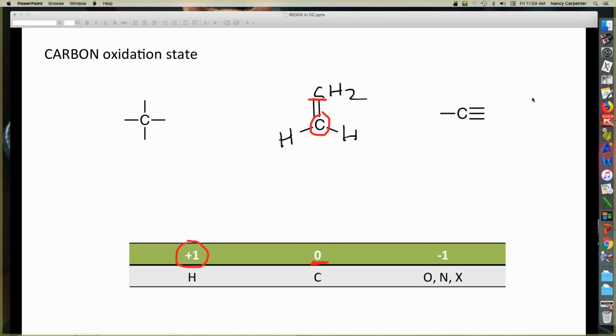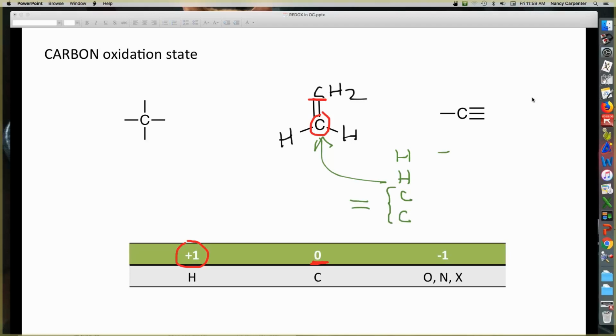So for me to assign an oxidation state to that carbon right there, what I'm going to look at are the quote-unquote 4 things attached to that carbon, because of course carbon always has 4 bonds. Well, it's attached to a hydrogen, a carbon, and a carbon, because these two are the double bond.